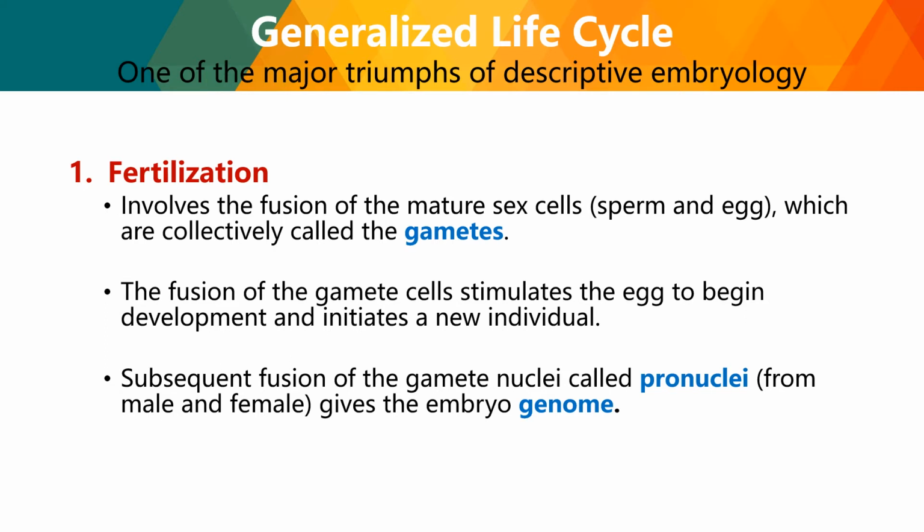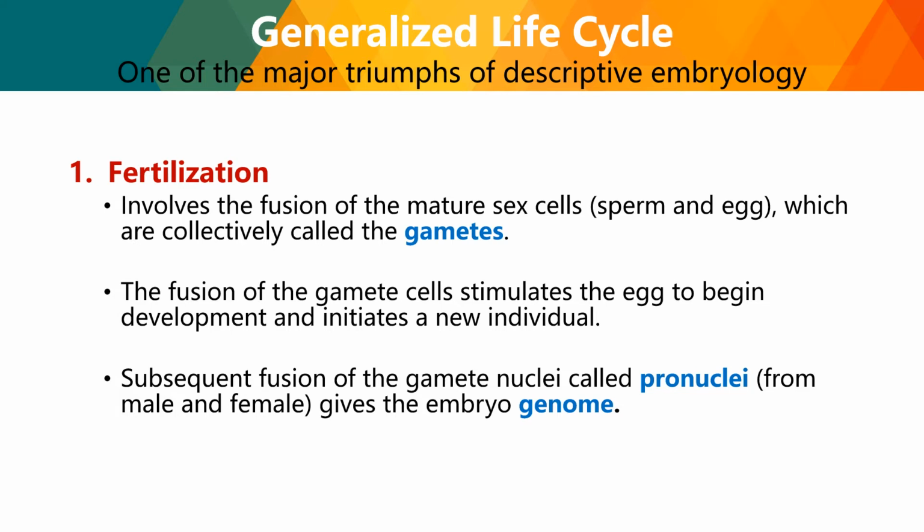With these different changes and developments, and the theories and laws that were formulated over the years in studying developmental biology, one of the major triumphs of the descriptive embryology process of study is the generalized life cycle, or the processes of development. In this generalized life cycle, the first process is the fertilization stage.